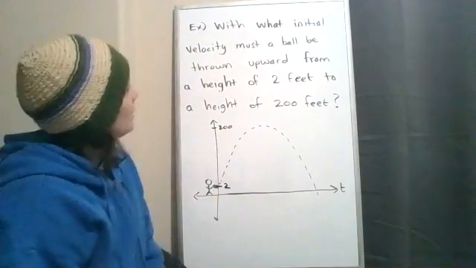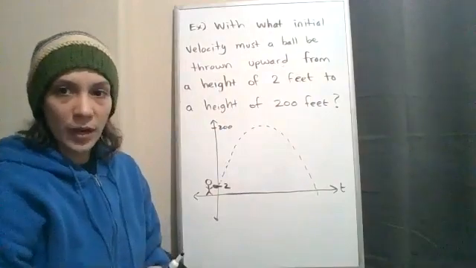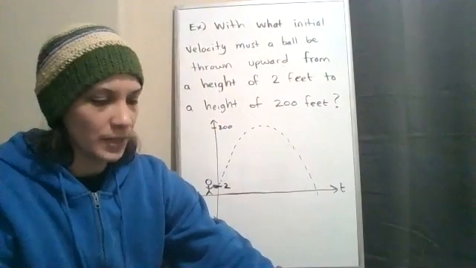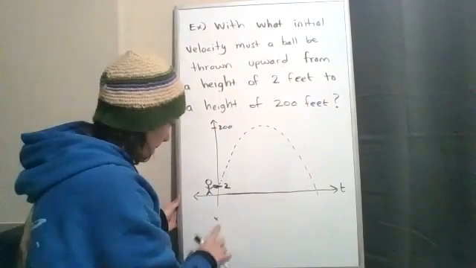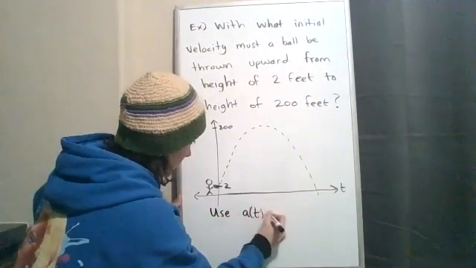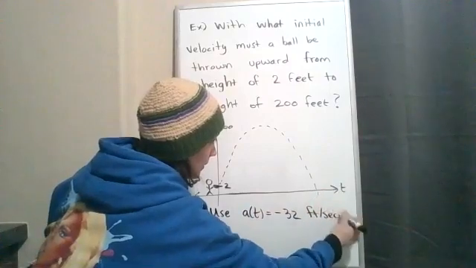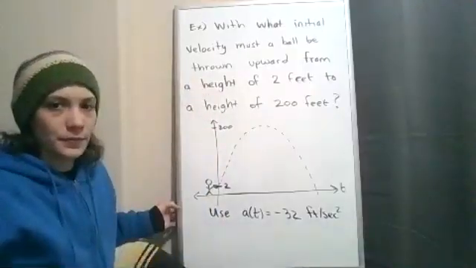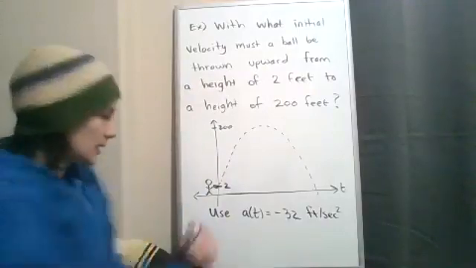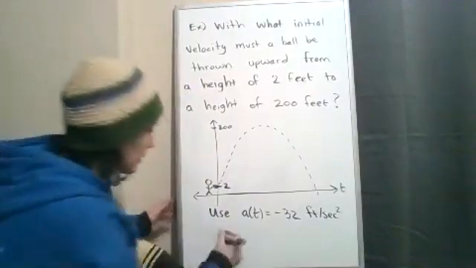Okay, and then we start solving the problem. I've got some initial conditions. The acceleration will be negative 32 feet per second squared. The initial height is S naught, which is 2 feet.